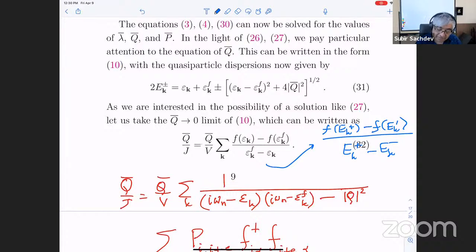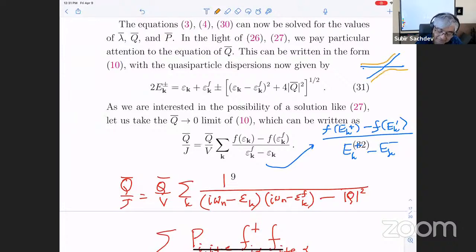And what I've done here is taken the Q goes to 0 limit. I don't cancel this out, but I can evaluate this at Q equals 0. And basically what happens at Q equals 0 is that these two band eigenvalues, if you have an F band and then you have a C band, they mix to give you these two bands.